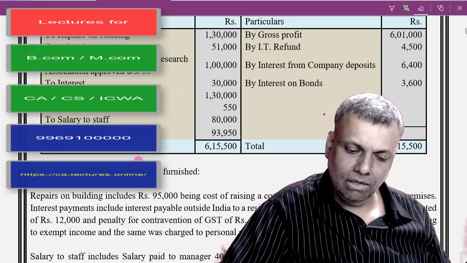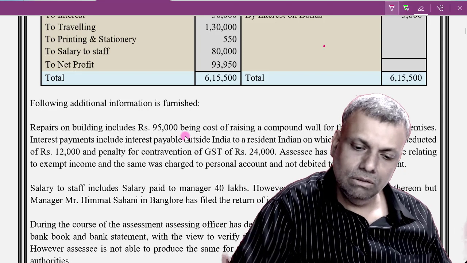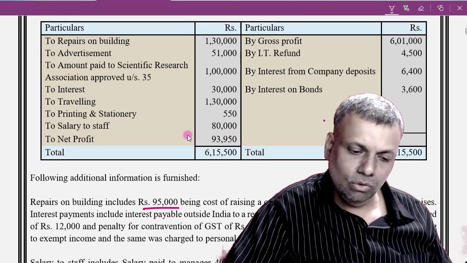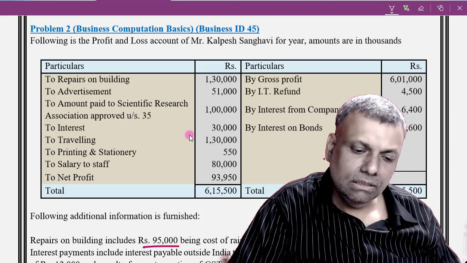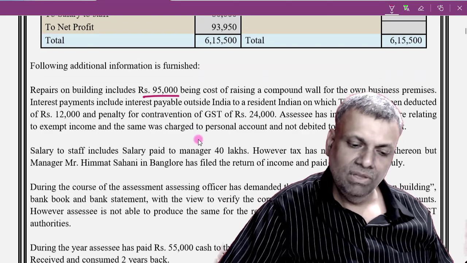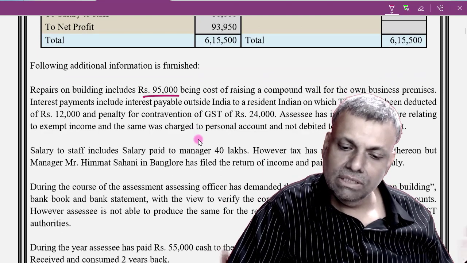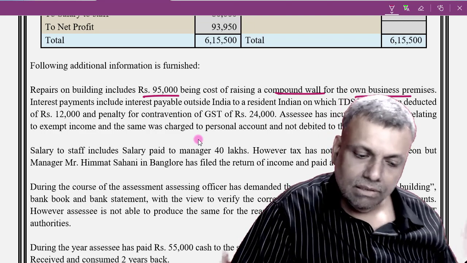Now, repairs of the building include 95,000. Repairs of the building, where is the repairs of the building? Let me check. Repairs of the building, this figure, which is already debited, includes 95,000 cost of raising a compound wall for its own business premises.